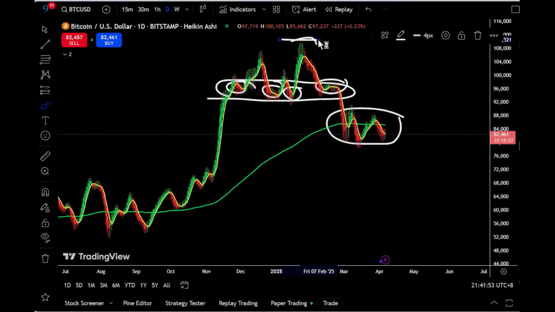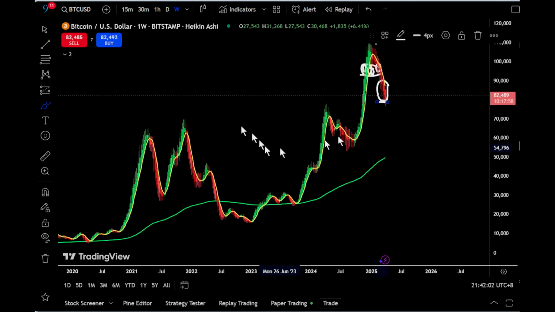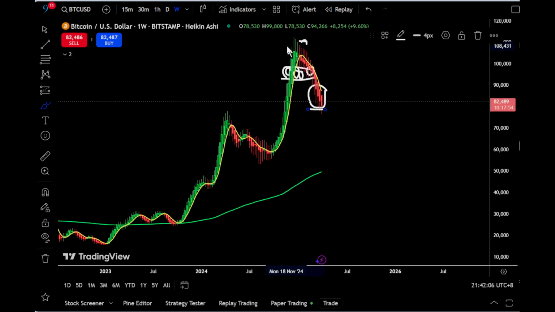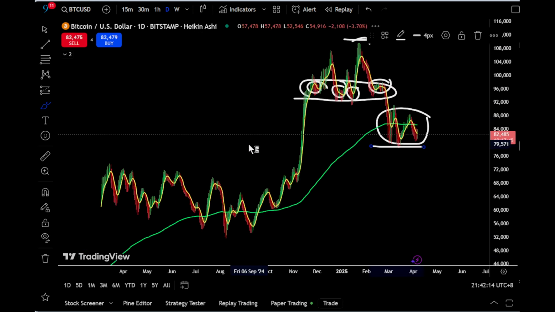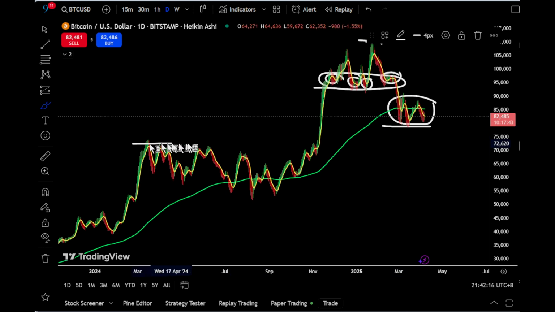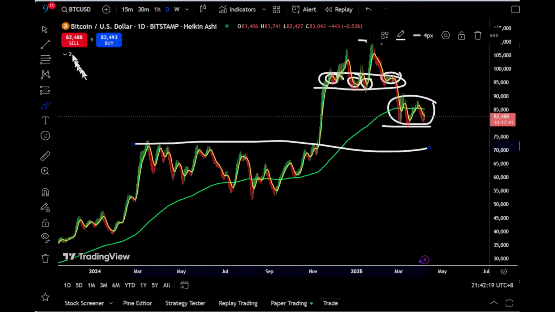Although there are all the lower highs and lower lows, don't forget that the weekly chart is still looking, although it's a serious pullback, the overall trend is still up. So it should have another rebound soon. As you can see, this is a very serious zone here.